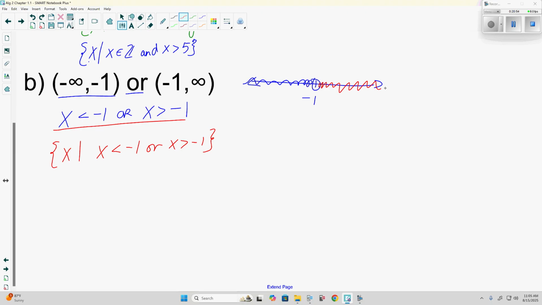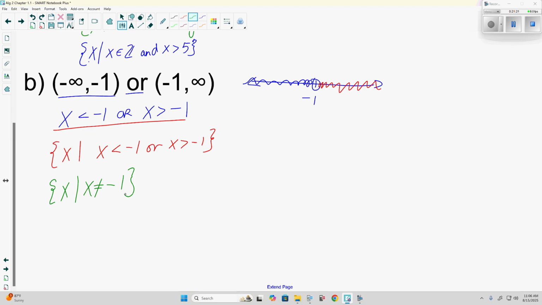Negative 1. So we're really saying that the values of x for this are all the real numbers except negative 1. So we're saying that x cannot be what? That is the exact same statement, isn't it? Yeah. For all real numbers x such that x is not equal to negative 1.